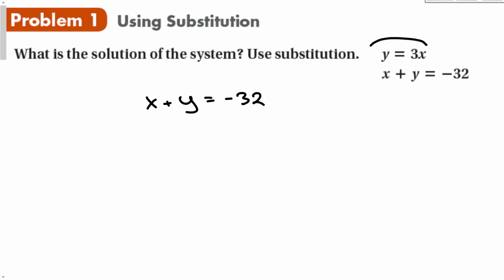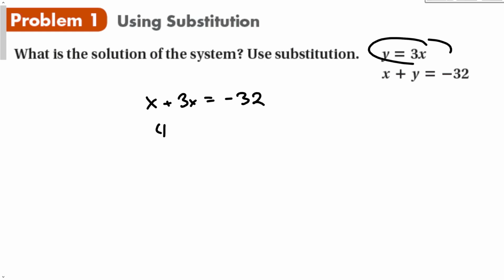But if I use the information that y is equal to 3x, I can get rid of the y and put something that is equal to it, which is 3x. Now look what I've done: I've made an equation that only has one variable. And when you can make an equation with only one variable, you can solve it. And we can solve this pretty simply.